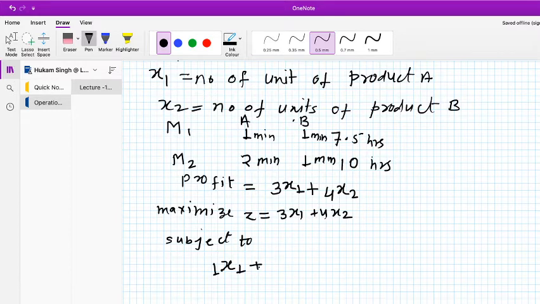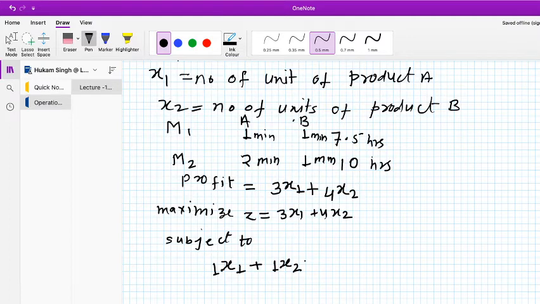Similarly, we are producing x2 units of product B and one product takes 1 minute on machine M1.